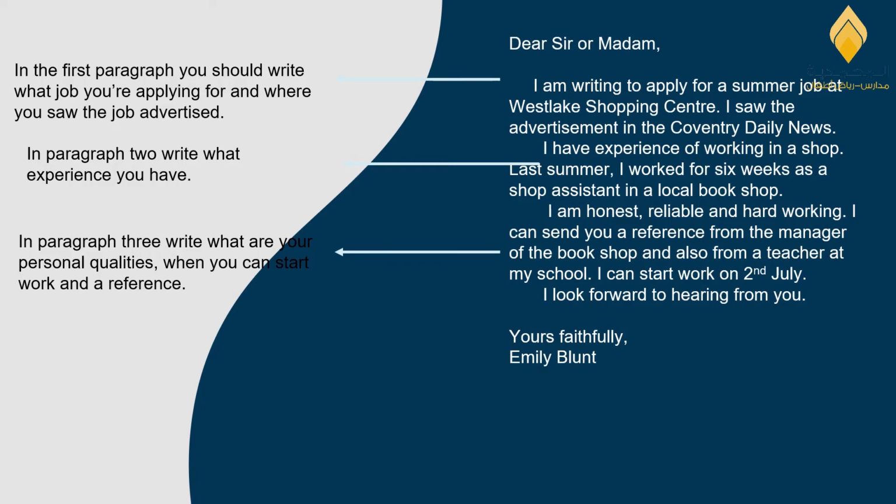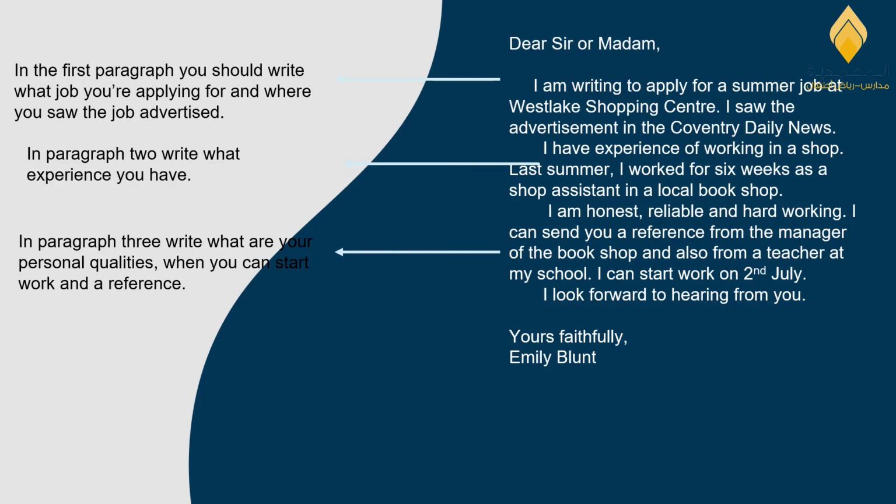In the last paragraph, which is paragraph 3, write what your personal qualities are, when you can start your job, and a reference. A reference is someone who can introduce you to the place where you work, someone who knows a lot about you. So, as you can see, in this application letter, we started with Dear Sir or Madam.